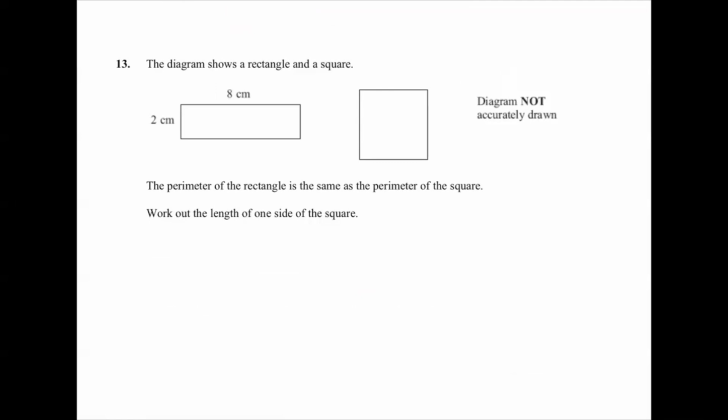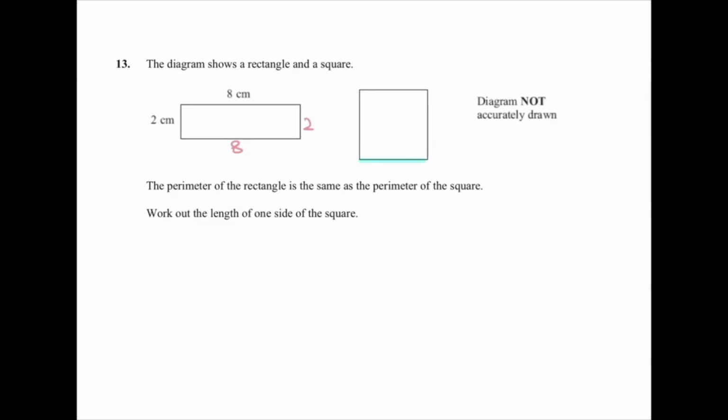Okay, next question. We're being told that the perimeter of the rectangle is the same as the perimeter of the square, and we have to work out the length of one side. So we've got to work out an edge of the square. The perimeter is the same, and we've got some numbers on the rectangle. If I fill in all the rest, I can see all the numbers involved in the problem.